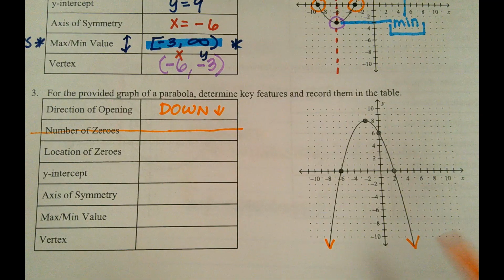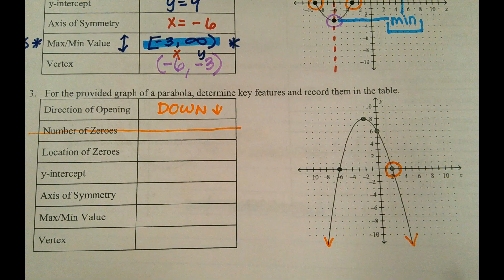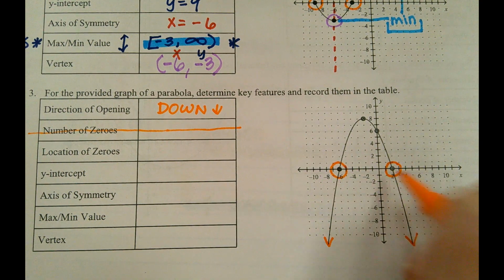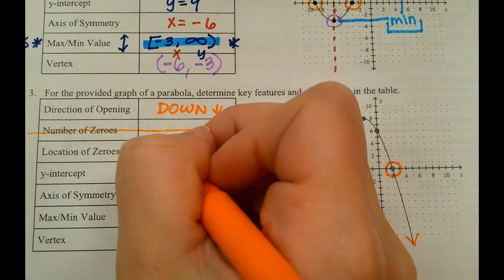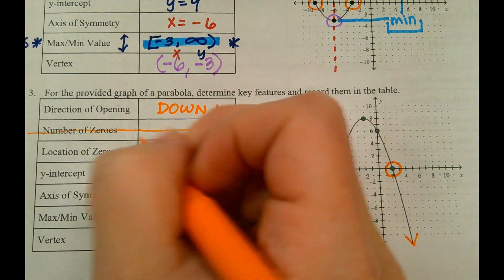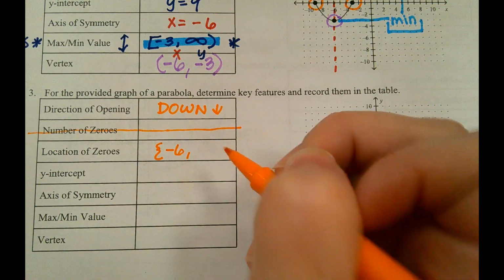What are my zeros? Yes, there's a 0 at 2 and there's a 0 at -6, my x-intercepts. So I'm going to write -6, 2.